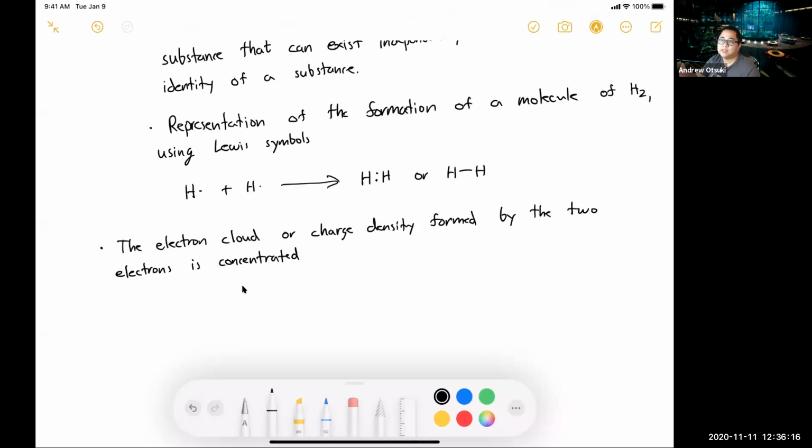That's the manifestation of the chemical bond: the electron density is between the two nuclei.